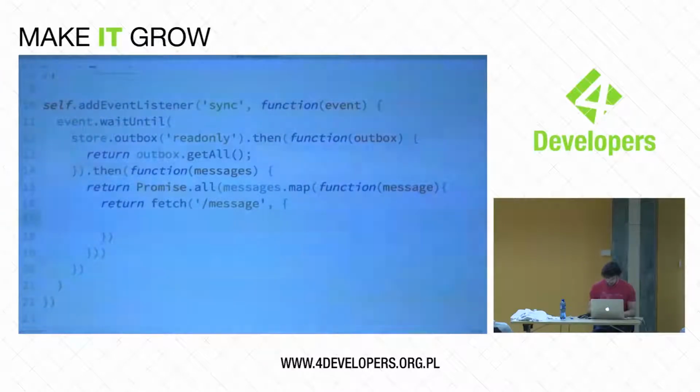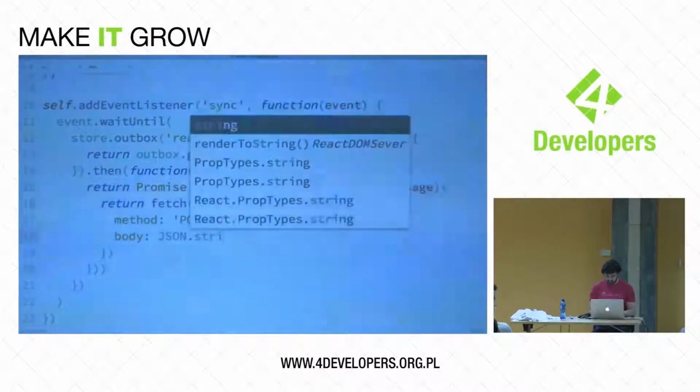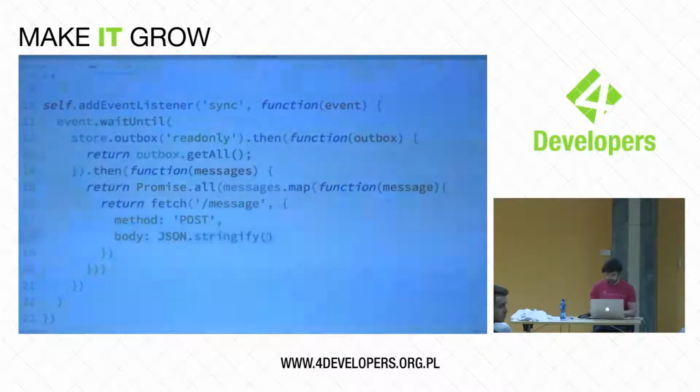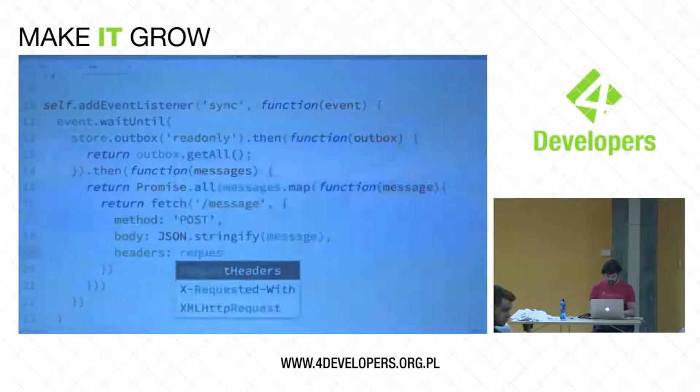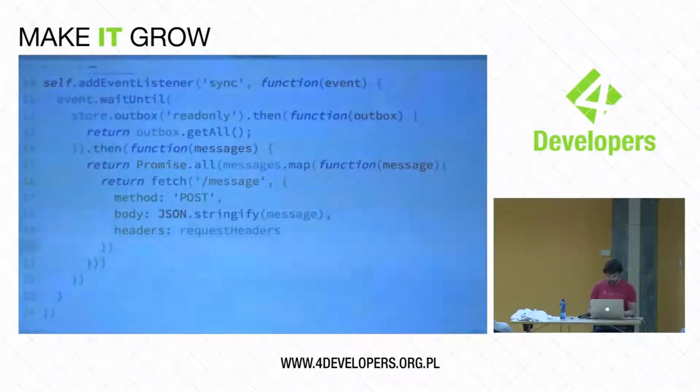And to that fetch, I'm also going to pass options, which include the fact that I'm making a post request in this case, and the body will be my stringified message, and then the headers will be the request headers that I've loaded above. So we're going to return the fetch of that, but when that happens correctly, then we also want to delete the message from the database so we don't send it on again.